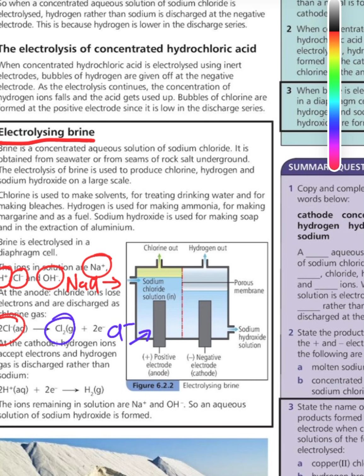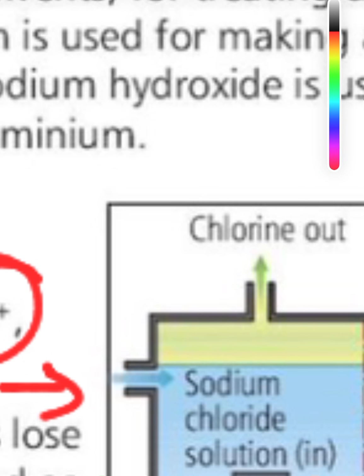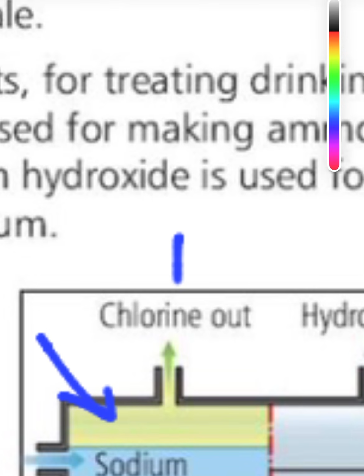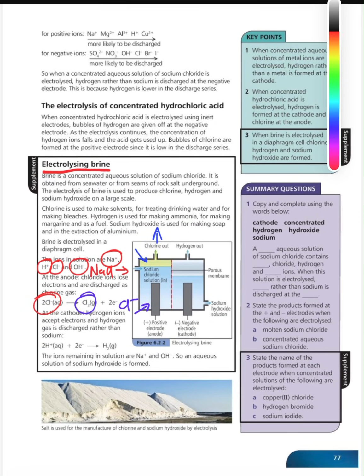When they migrate to the positive, they will lose electrons at the positive electrode and become chlorine atoms. The chlorine is gaseous, this is the yellowish green gas that we can see here, and it's going out through that pipe. So chlorine is out of the solution.